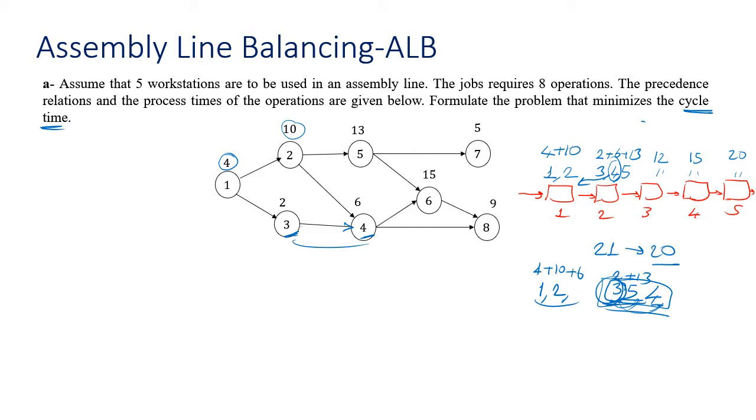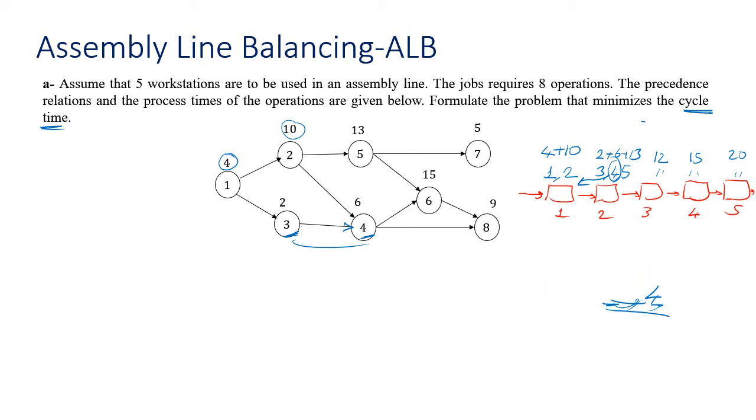So it means that if there is a precedence relationship between two operations, sometimes we call them tasks, then the preceding operation cannot be performed later than the succeeding one. This is the precedence relationship. Okay, now we know all the details about the assembly line balancing problem.